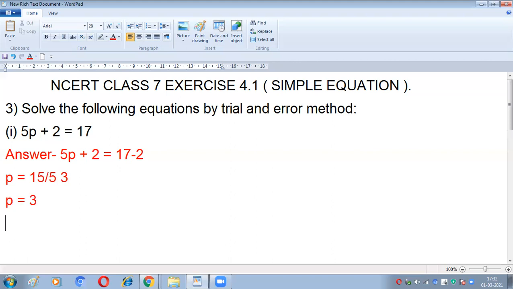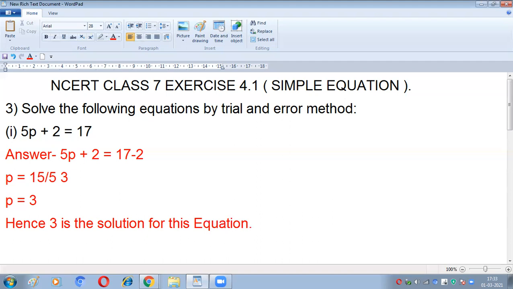So at the last we can say that hence 3 is the solution for this equation.